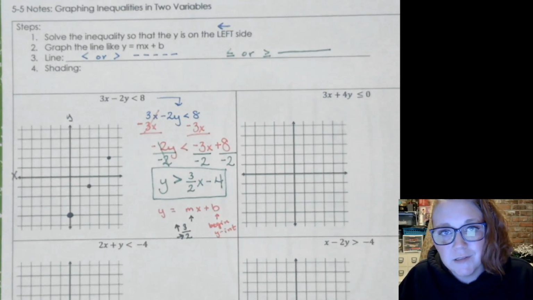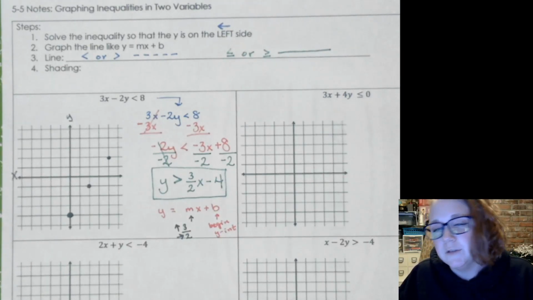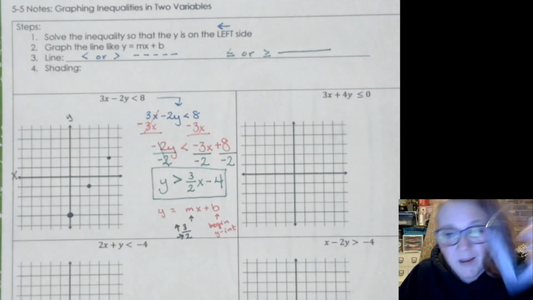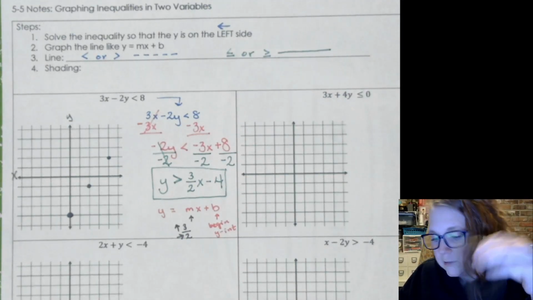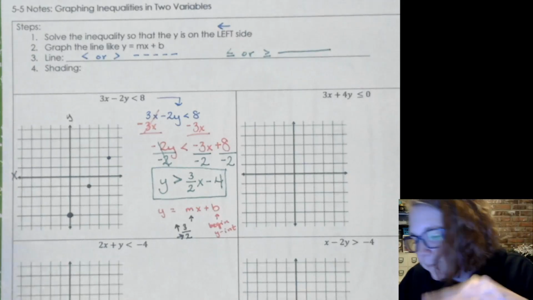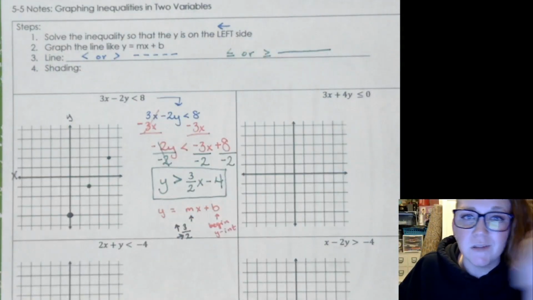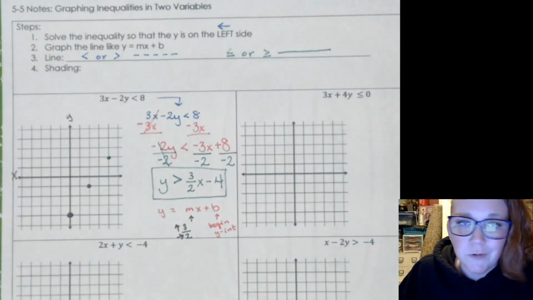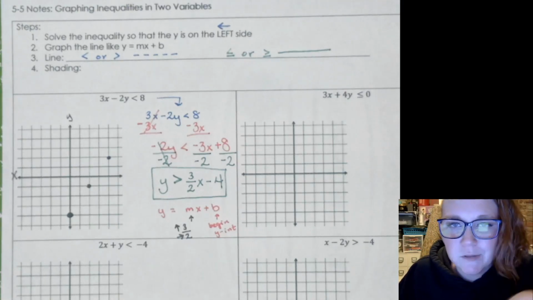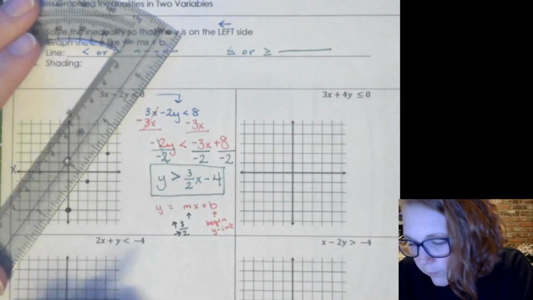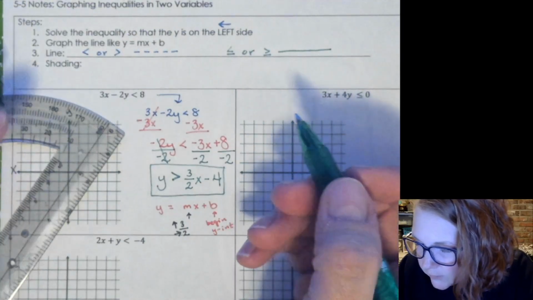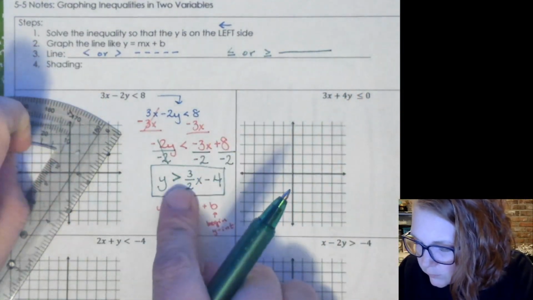So you can just use your ID if you have it, or a little ruler. I have a protractor, so I'm going to use that because, you know, math teacher, what I got. You can even just use the side of your notebook or the side of your laptop. It works exactly the same as a ruler. We're going to connect it. This is the sign we had.